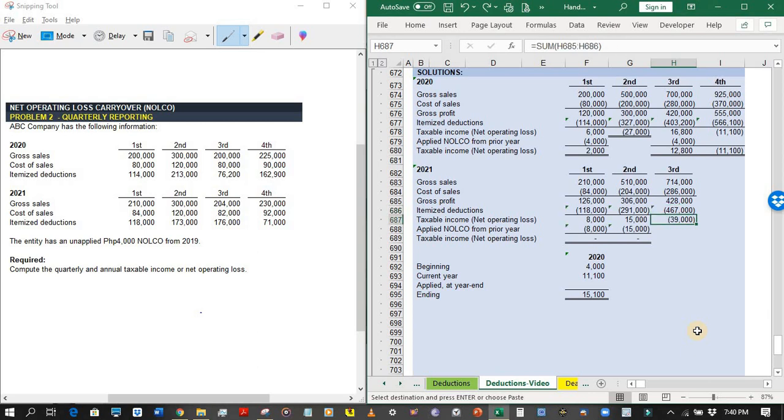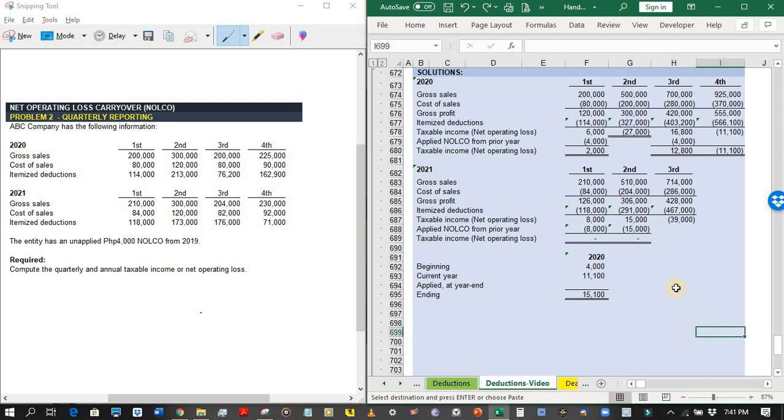And we have a net operating loss of 39,000 pesos. So the 39,000 pesos net operating loss for the third quarter is not only during the third quarter, starting July to September. The 39,000 net operating loss covers the operations for the first 9 months.